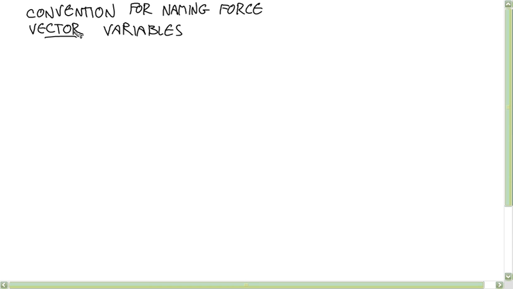For example, in the problem we just did, we were dealing with force vectors, but they depended on these scalars, right? You can't use this convention for those scalar numbers. You could use it for the full vectors. So don't get tricked into using this for scalars that have something to do with force vectors.